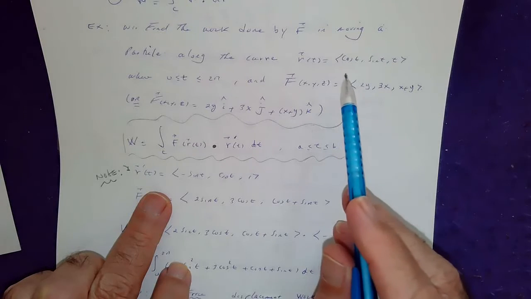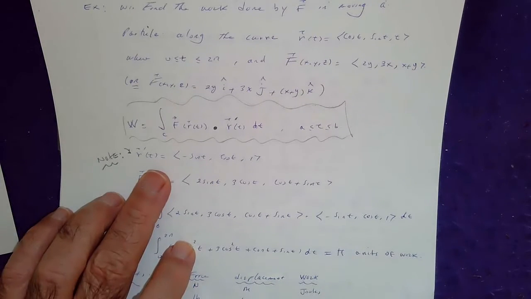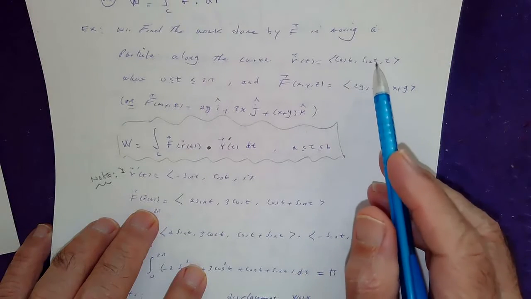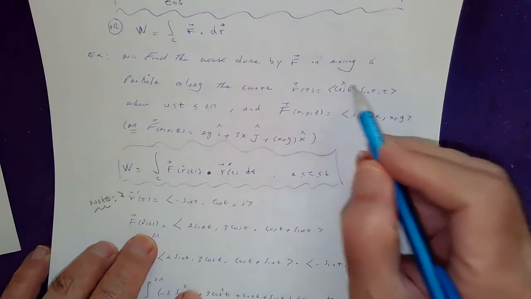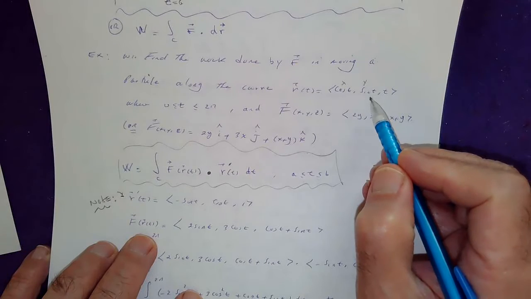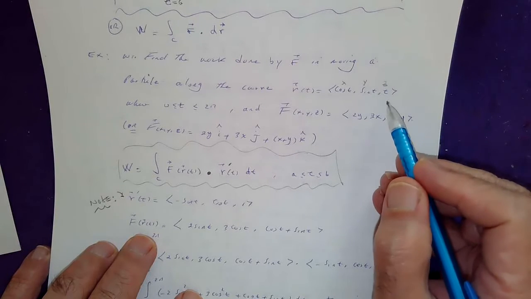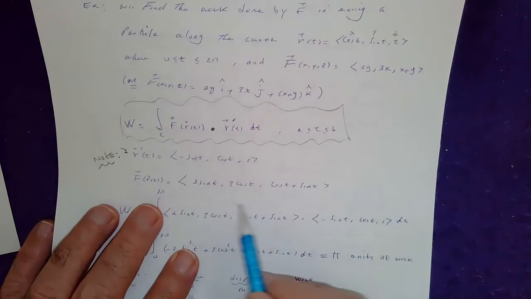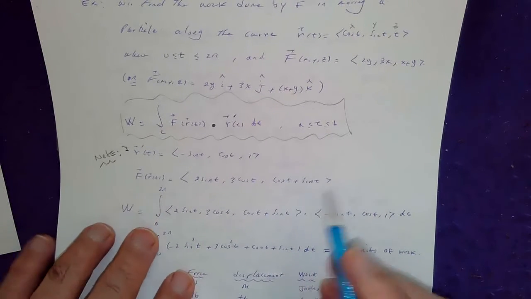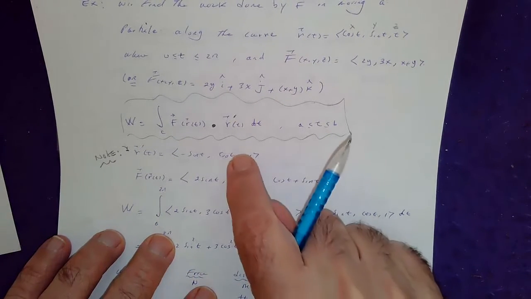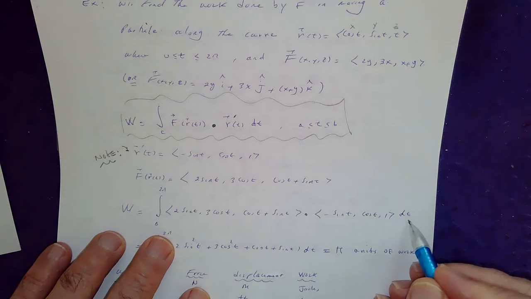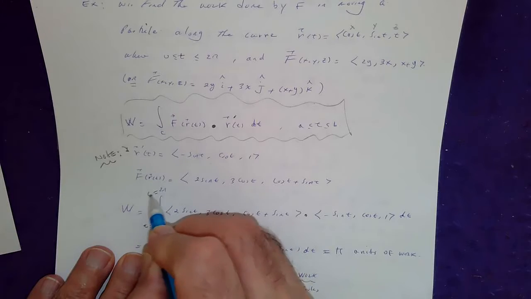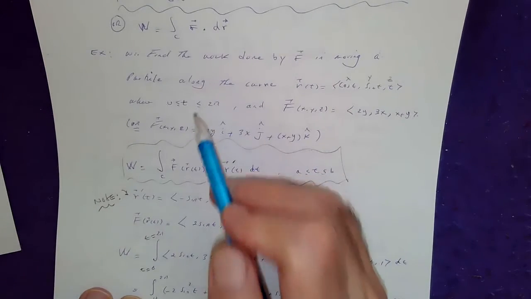Remember, the curve is the helix, so you take its derivative with respect to t. Then express the vector field in terms of the parameter. Remember, x is equal to cosine of t, y is equal to sine of t, z is equal to t. So express these in terms of parameter t, and that's how the vector field is going to look. Now take the dot product of these two, evaluate the integral with respect to t, and notice t goes from 0 to 2 pi as the problem stated.